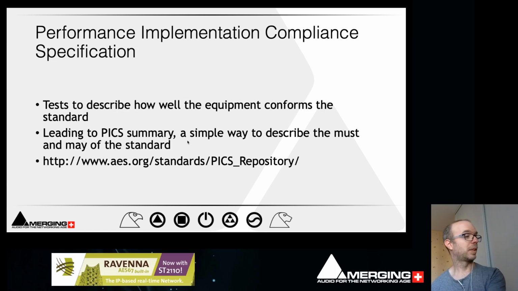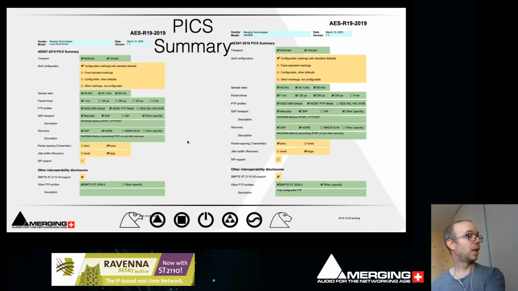the PICs repository. So here you have two different PIC summaries of two different Merging devices. The Linux one has a driver, so this is a software driver, and because it's software, it will, for instance, have a loose packet spacing, because software cannot ensure that you send a packet exactly every 1 millisecond.